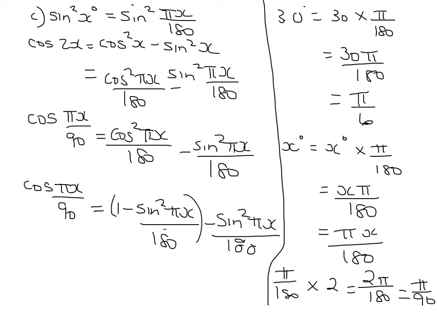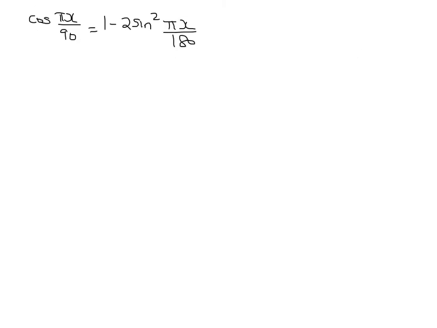So we've got cos pi x on 90 equals 1 minus 2 sine squared pi x on 180. I'll go to the next page. So I'll make sine squared x the subject, which is 1 minus cos pi x on 90, and then we'll divide by 2 as normal.